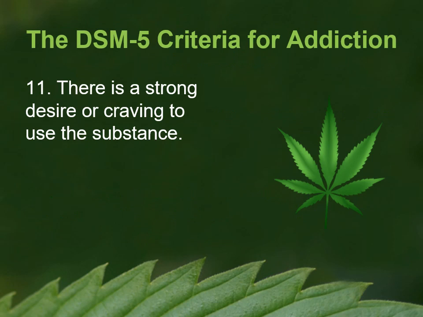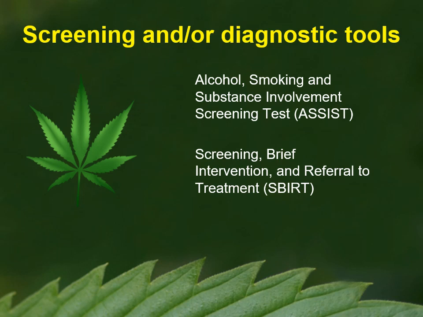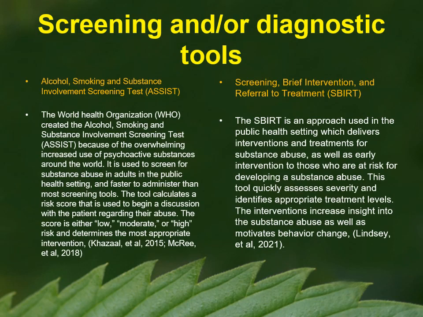When assessing for cannabis addiction, there are two screening and diagnostic tools. There is the Alcohol, Smoking, and Substance Involvement Screening Test, ASSIST, and Screening, Brief Intervention, and Referral to Treatment. The World Health Organization created the ASSIST tool because of the overwhelming increased use of psychoactive substances around the world.